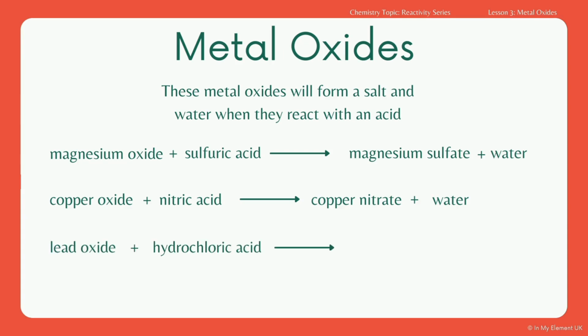So lead oxide will react with hydrochloric acid. Hydrochloric acid forms chloride salts when it reacts in a neutralisation reaction. So in this case, we get lead chloride and water. Make sure you know those salts, and then make sure you can give examples of metal oxides reacting with the acids. And remember this, it is a neutralisation reaction, so one of the products will always be water.